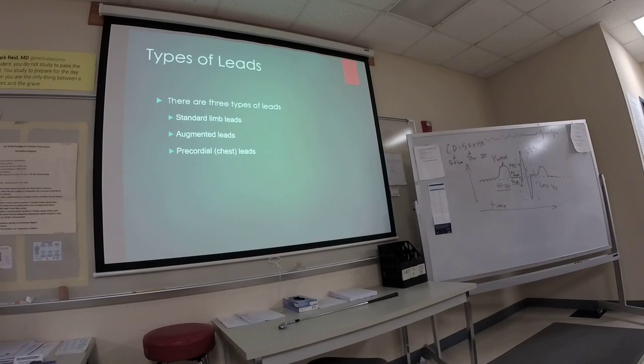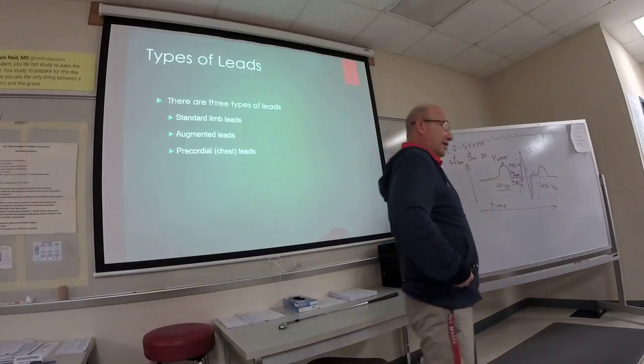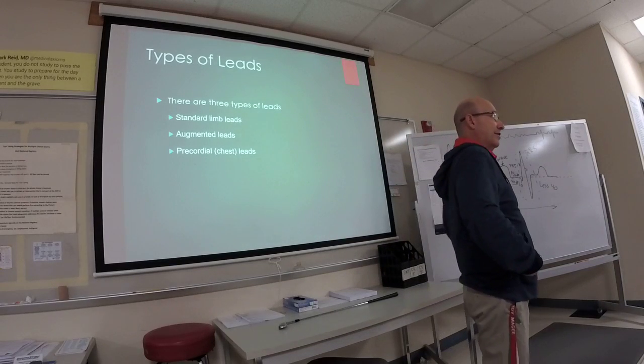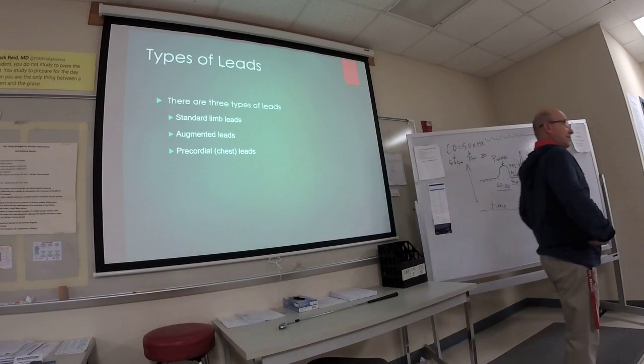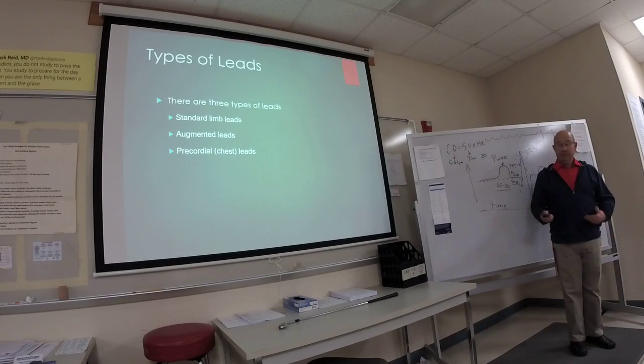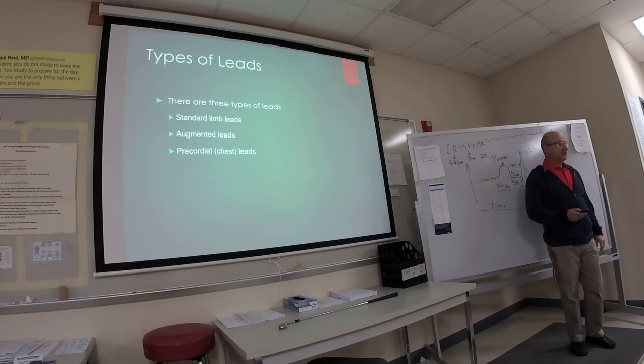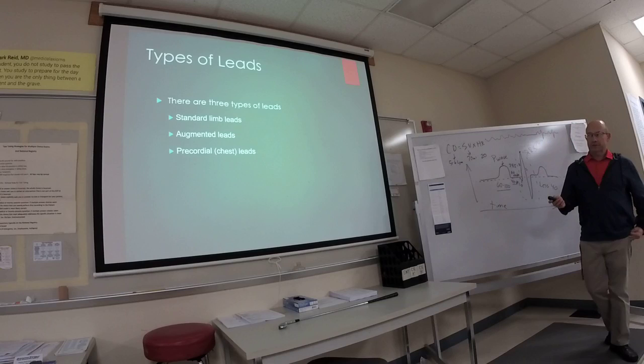White, black, red, and then green over here. Those are the limb leads. And then the chest leads, the V leads, V1, 2, 3, 4, 5, and 6. We'll get to that. That's another day.